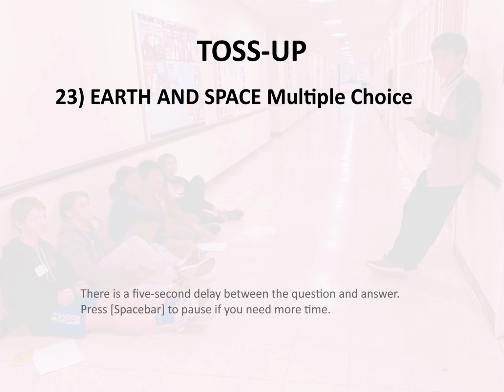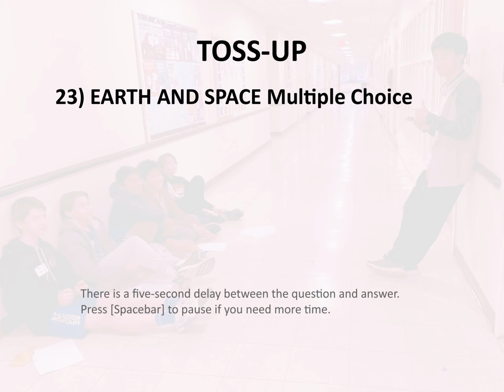Toss-up 23. Earth and space. Multiple choice. What was the principal reason that the Kapteyn model and the Shapley model of the size of the galaxy were incorrect? W. They only examined the distribution of stars and failed to examine the distribution of globular clusters. X. They used data that was not sensitive enough to detect the faintest stars in the galaxy.